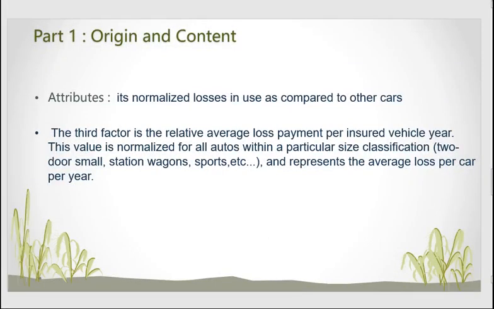The third factor is the relative average loss payments per insured vehicle year. The value is normalized for all autos within a particular size classification, such as two-door small, station wagons, sports, and so on, and represents the average loss per car per year.